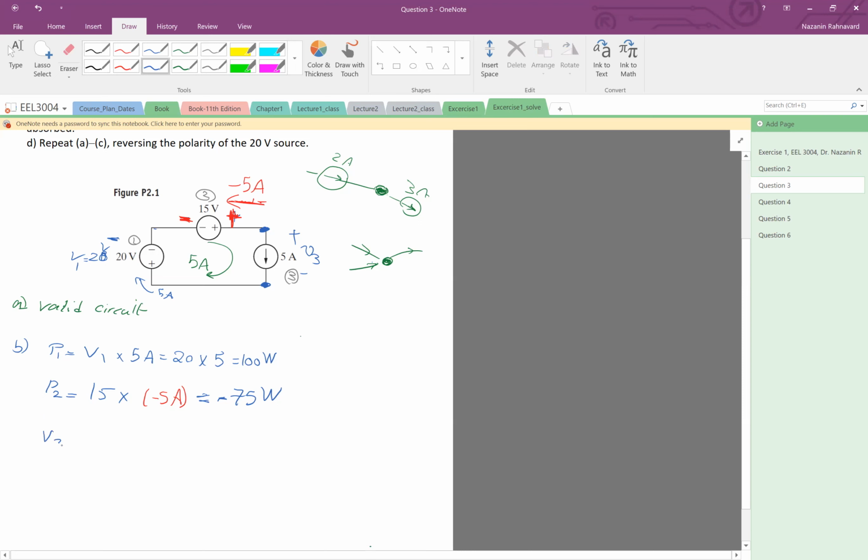V3 with the given direction is this point minus that one, which is 15. But then from here to here there's an increase in the voltage, or in other words, I hit the negative here, so it's going to be negative 20. It's going to be minus 5 volts.